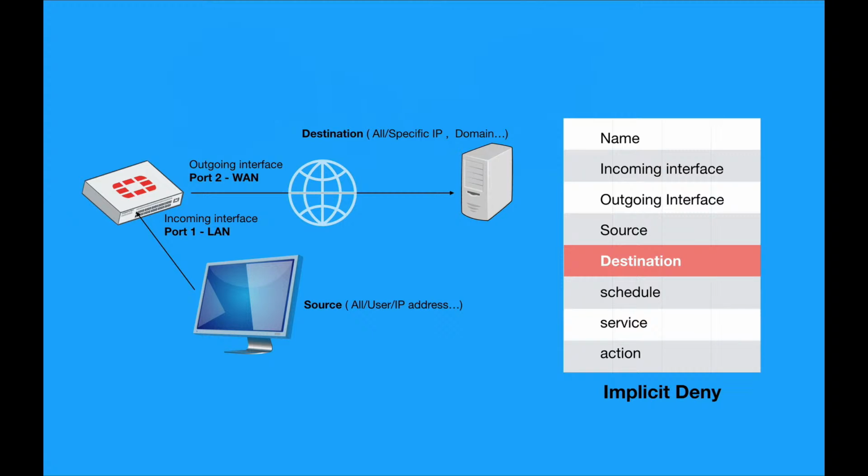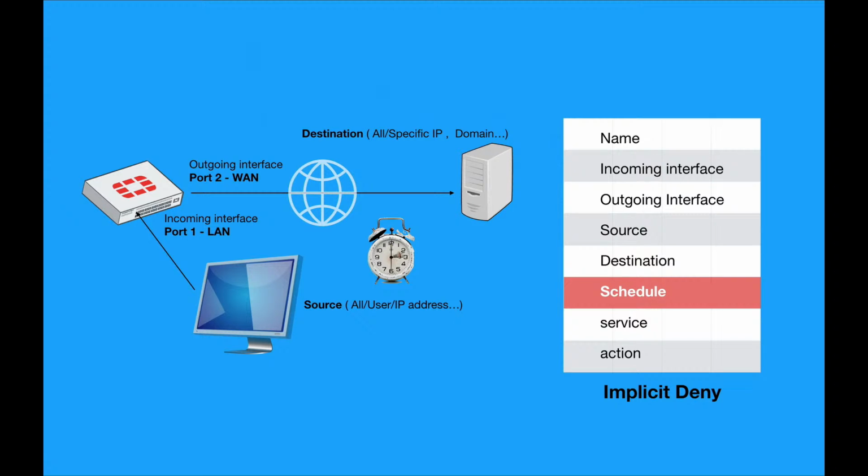So be sure to be granular. Don't just use any or all. Be specific. If you're configuring a full access policy that will allow anyone to get out towards the internet, then it will probably be all. If you're configuring specific destinations, then be sure to configure them ahead and use them in your rule.